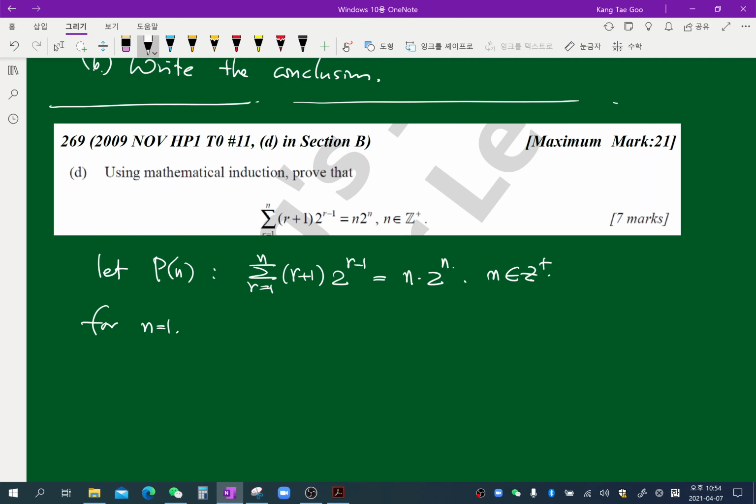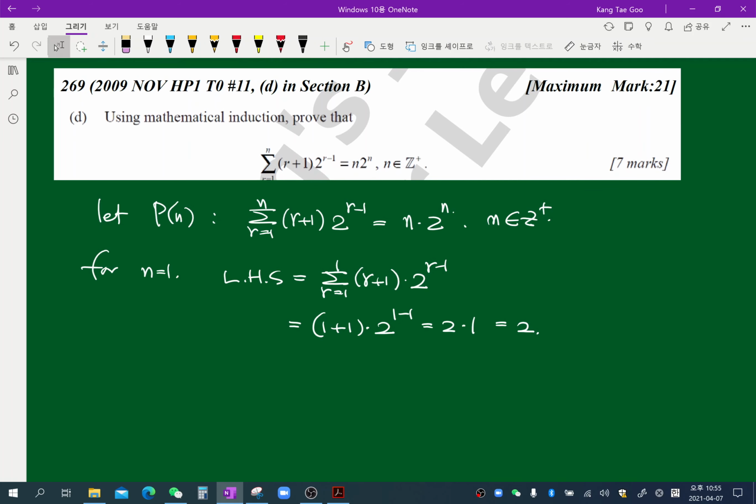Usually for proving n equals 1, we write like this. We calculate the left hand side. That is the sum from r equals 1 to 1 of (r plus 1) times 2 to the power of (r minus 1), sorry, r minus 1, which is just 1 plus 1 times 2 to the power of 1 minus 1, which is 2 times 1, which is 2.